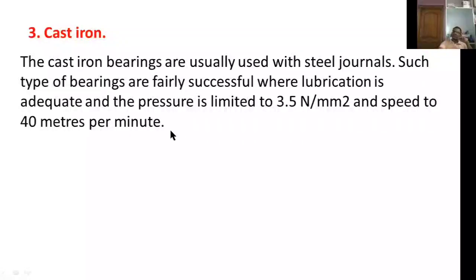The main drawback of cast iron is it may fail due to tension, because cast iron comes under brittle metals. That's why cast iron bearings may fail due to tensile loads. Cast iron bearings are very useful for compressive loads.